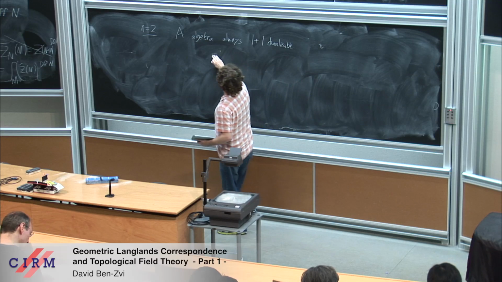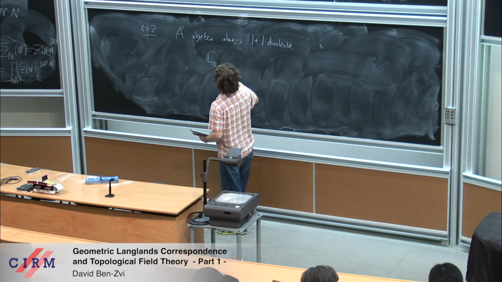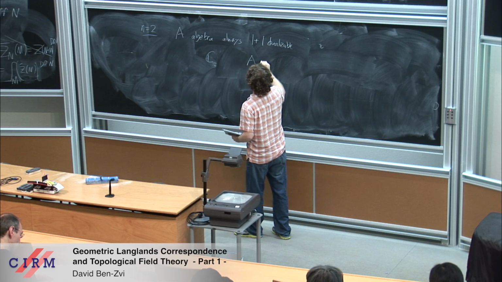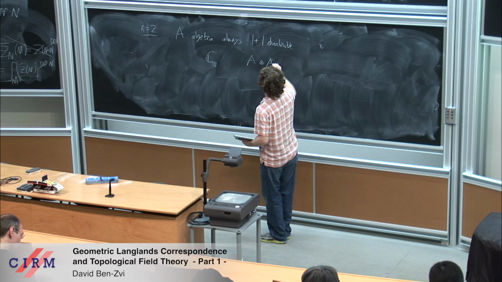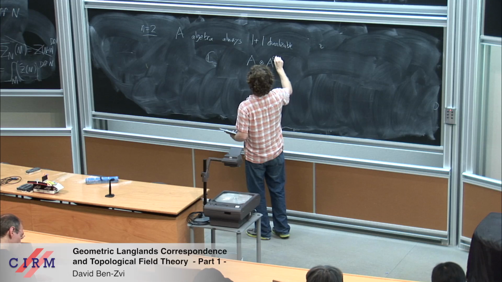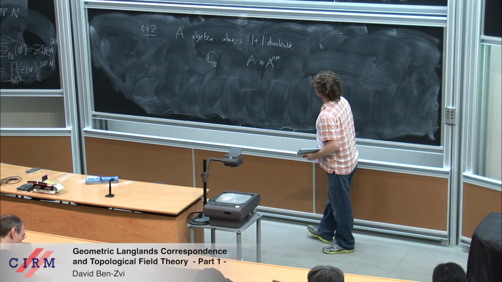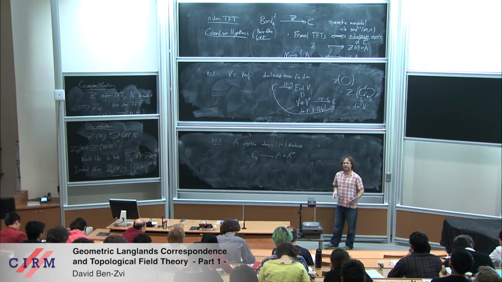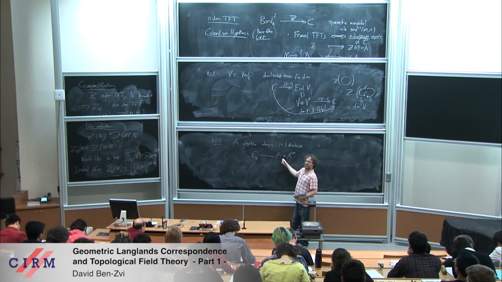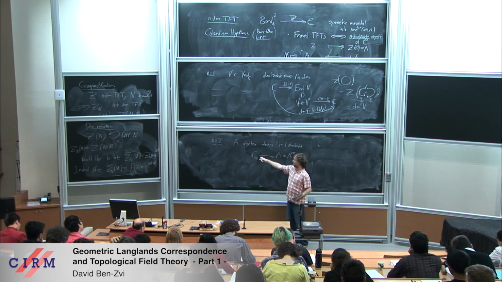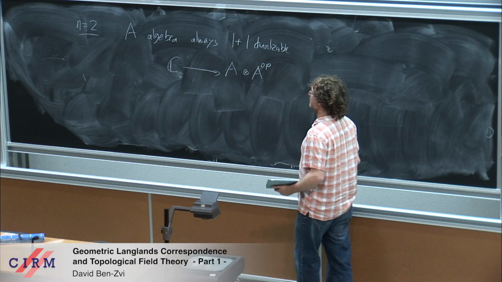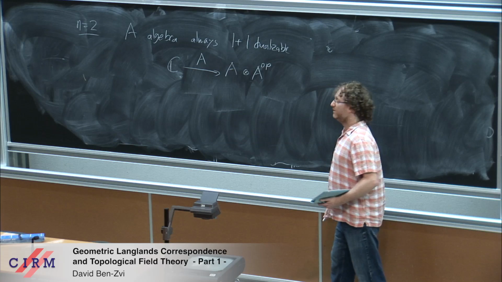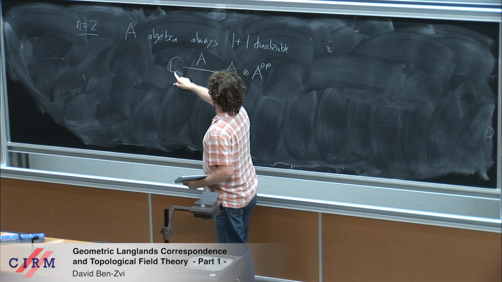What does it mean to say it's one-dualizable? I need to write a map from the unit to A tensor something, and I claim the dual is just going to be the opposite algebra. So I need to give you a morphism, but this needs to be a Morita morphism. I'm thinking about these algebras as stand-ins for their categories of modules. So I need to give you a functor from Vect to A tensor A op bimodules, or I just need to give you a bimodule. I just take A itself.